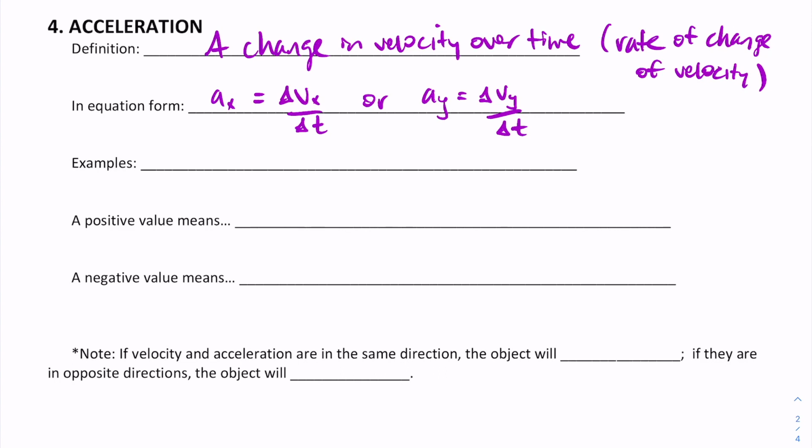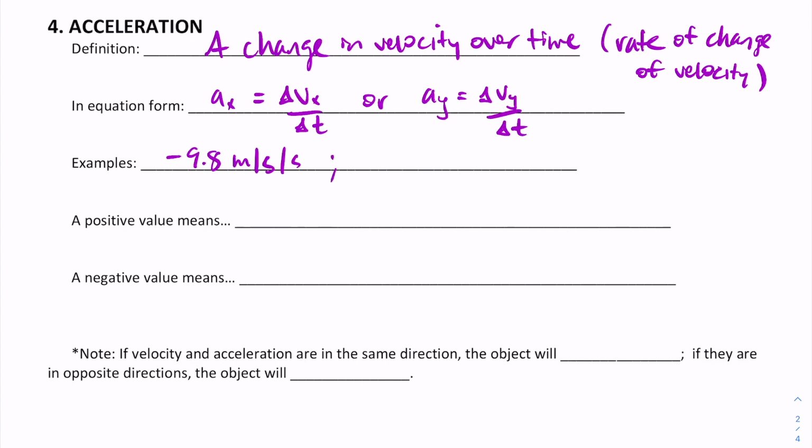Accelerations sound like this: negative 9.8 meters per second, right? It's the change in velocity over the change in time. So the time shows up twice, meters per second.